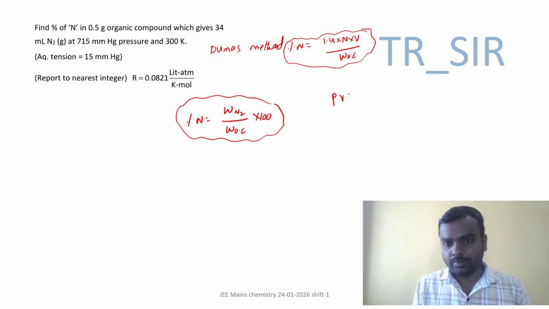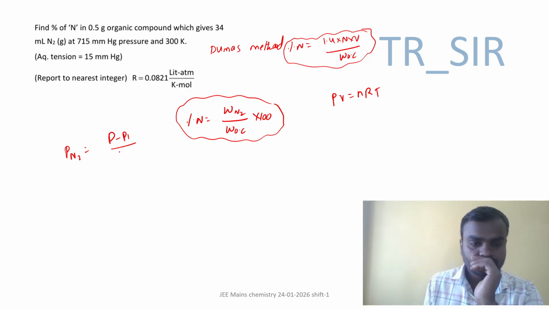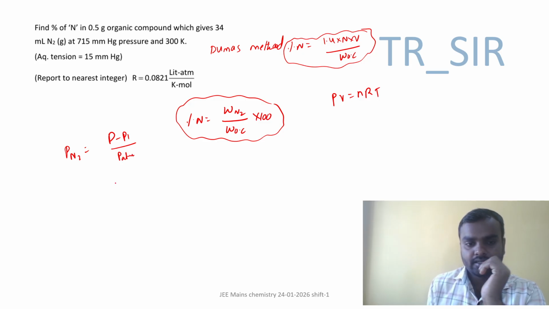Further, we have to use PV is equal to nRT. Pressure of N2 we have to find out. Pressure of N2 is equal to P minus P1 by pressure at atmosphere condition.